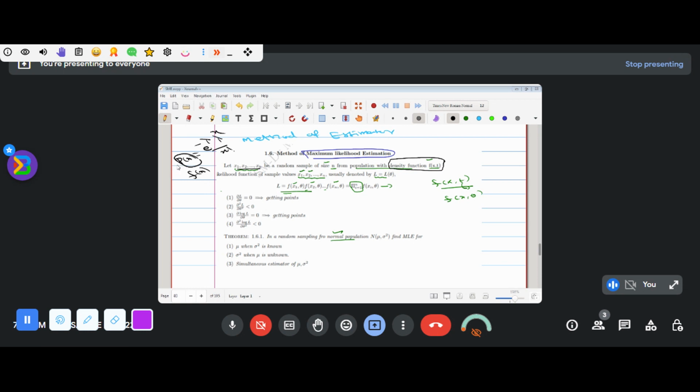p of x means a discrete variable is given, and f of x means a continuous variable is given. What do you mean by discrete and continuous? Discrete means the values are 0, 1, 2, 3; that type of values is called a discrete variable. A continuous variable means you put an interval, maybe pi to 10.